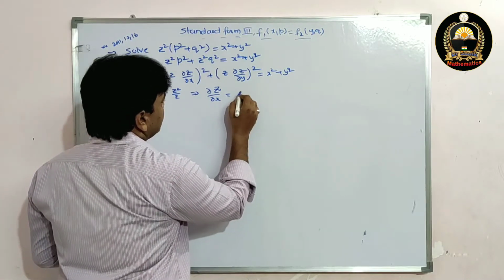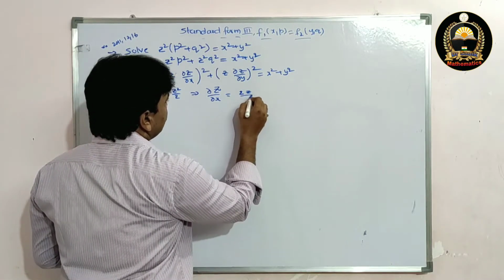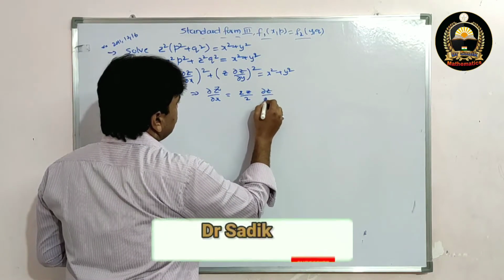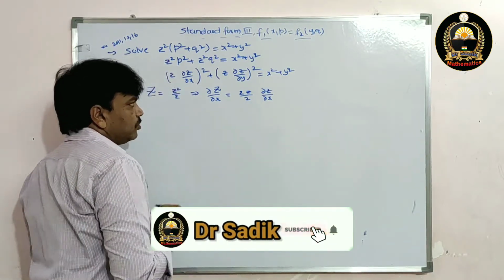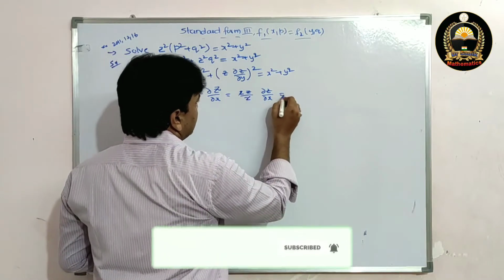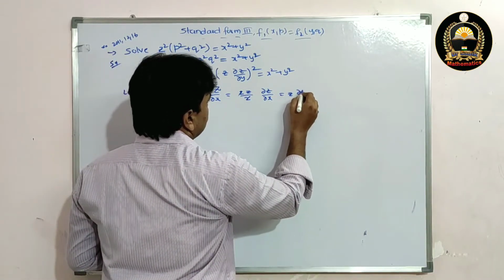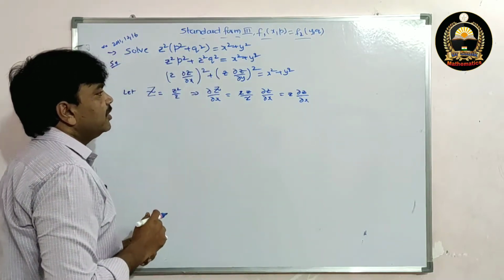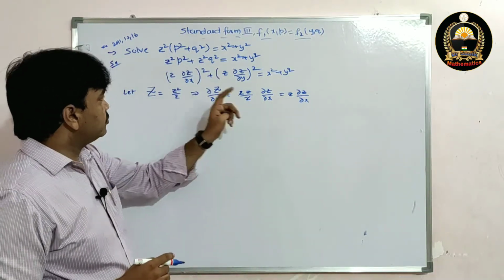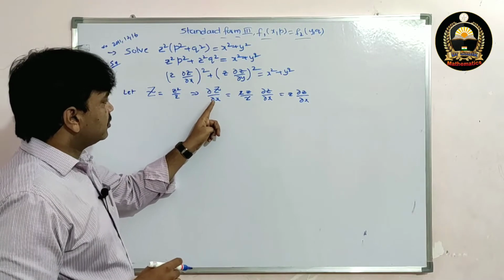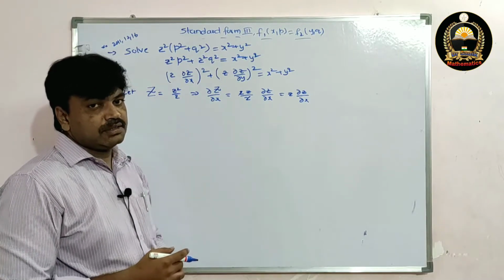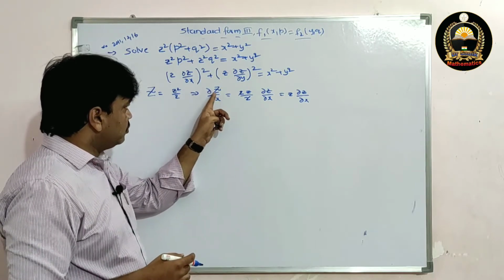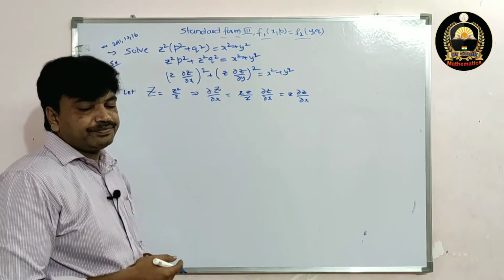So I can write 2z divided by 2 into dou z by dou x. 2 cancel, I get small z dou z by dou x. So z into dou z by dou x is dou capital Z by dou small x.